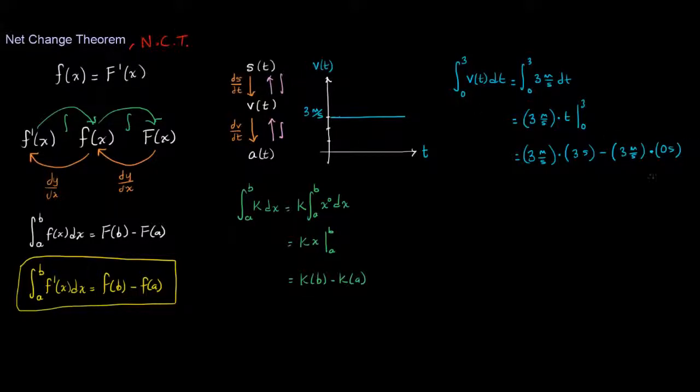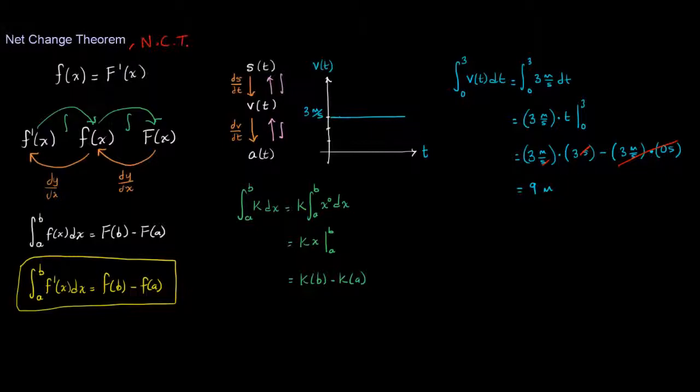We can see the second term will cancel out because we have multiplication by 0. And in the first term, the seconds are over 1, so we can cancel out these seconds, and we see the result after all will be 9 meters.